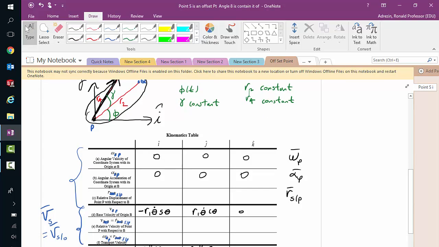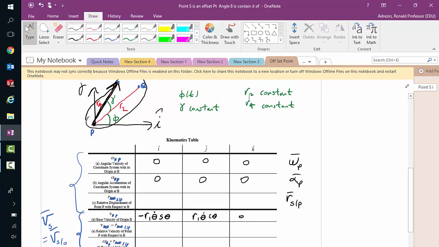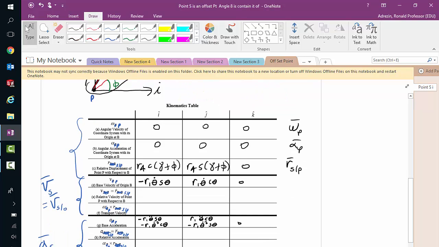So what would that be? Its length is R4 cosine of gamma plus phi, and R4 sine of gamma plus phi to get us back to the horizontal, and 0. Do we recognize these other lines from our early kinematics tables? From our first kinematics table, this is your VP, and this is your AP.